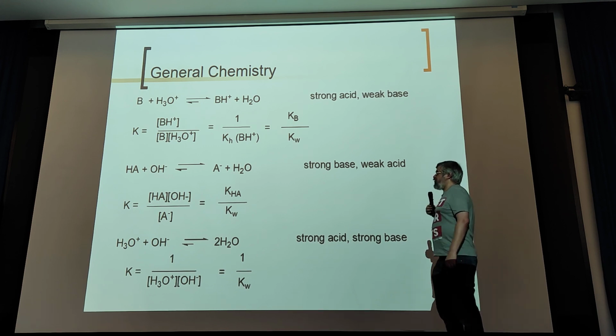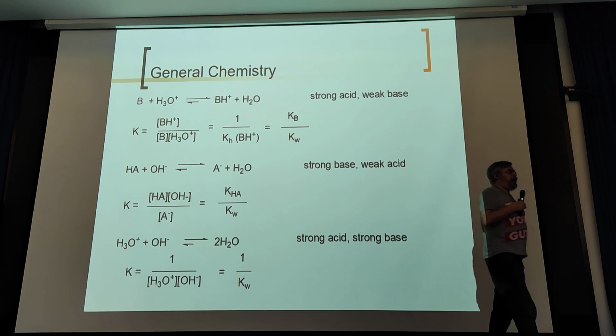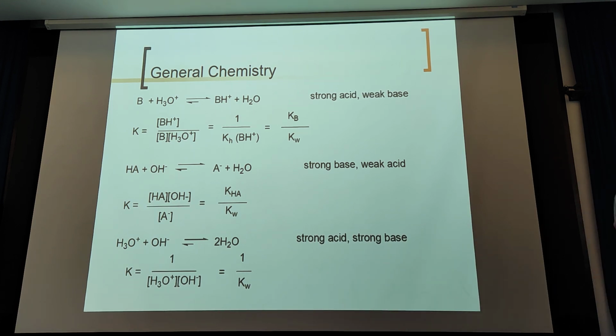Now, strong base and weak acid. Strong bases convert completely water to OH minus. So it's actually logical to write OH minus now instead of B. And then the proton is taken from HA, you get A minus and water. Again, the water plays no role.